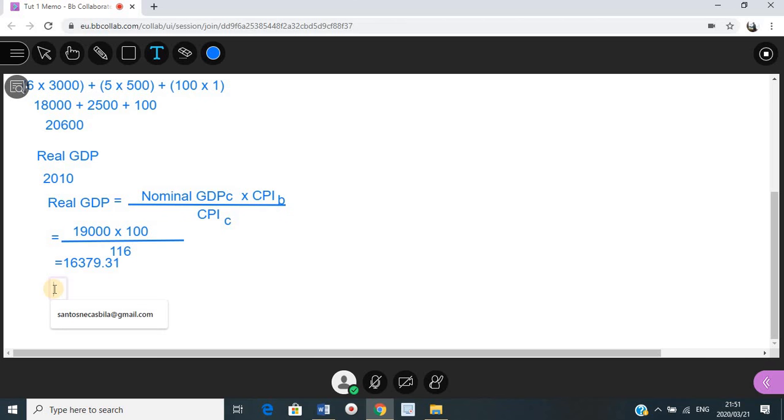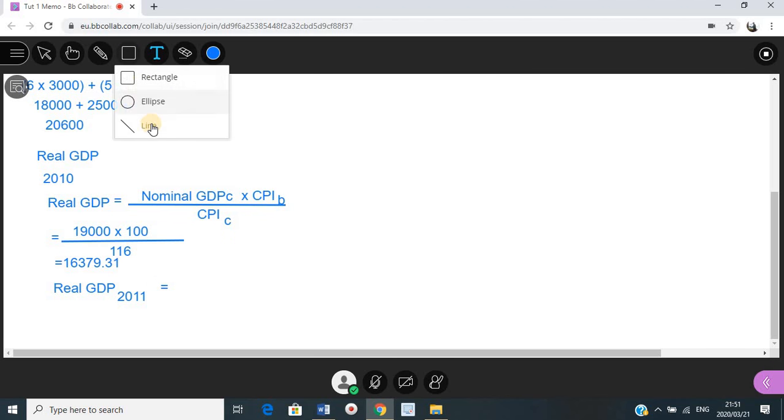Let's do the same for 2011. Real GDP 2011. The approach is the same. I'll just do it here and write the division.